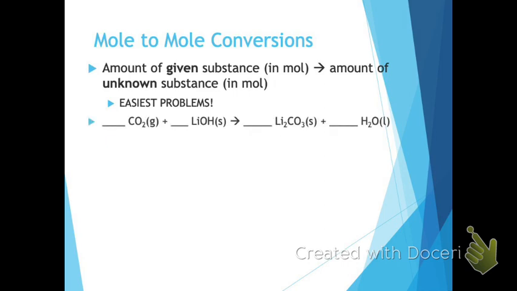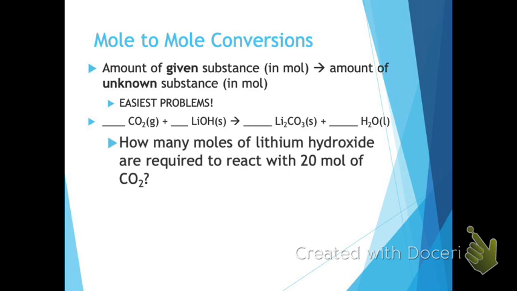Let's go ahead and balance this first, and then we're going to answer the question below. This is a little tougher balancing because it doesn't have all of our polyatomic ions that stay together on both sides, so we're going to have to be a little more careful with how we balance this.